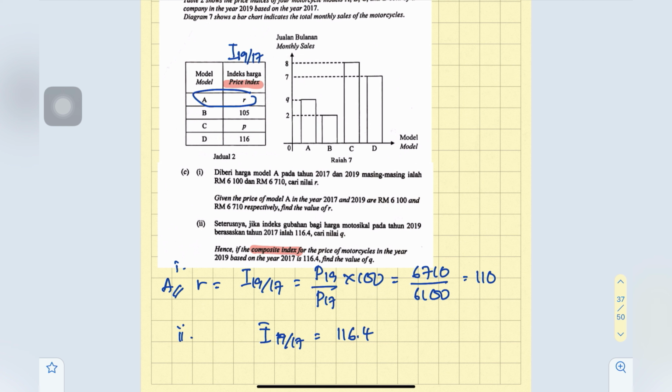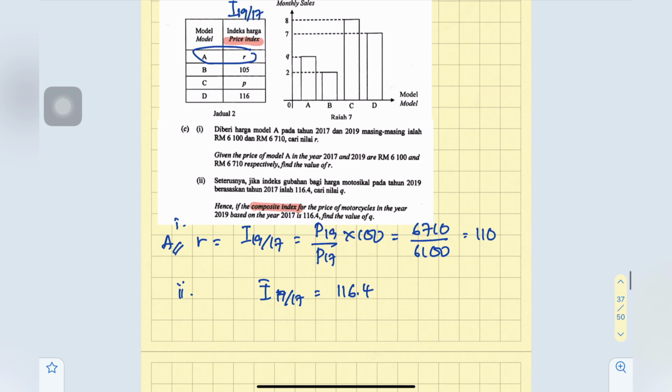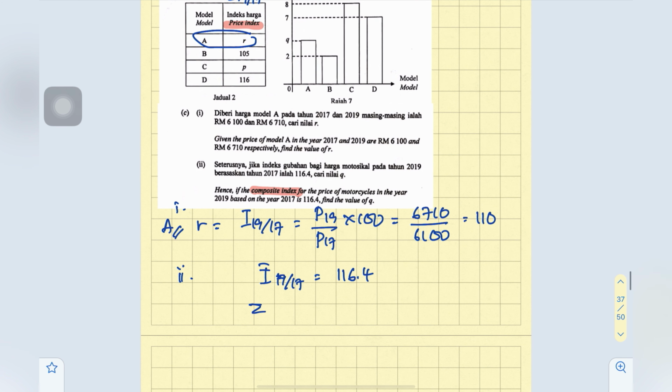Okay, so kita punya formula untuk I bar is summation of IW over summation of W. Okay, so maksudnya kita kena ada semua values of price index. Okay, dan dia punya W which is weightage. So R ni kita ada, kita masukkan R is 110. Tadi kita dah dapat P 122.